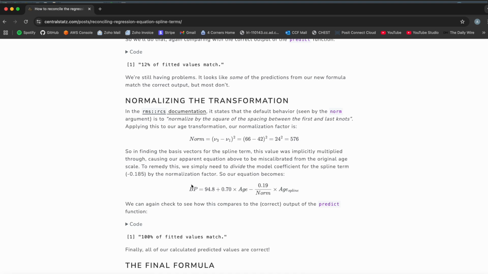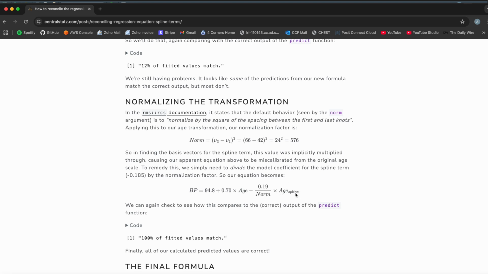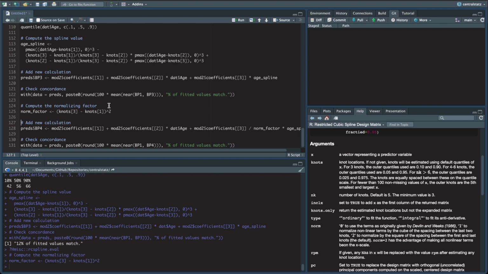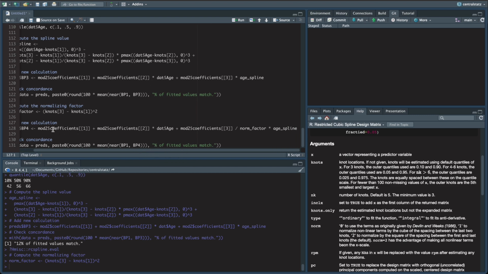All we end up needing to do is then divide the parameter value in our model output that R gives us, divide that by this normalization factor before we multiply it by this spline term. So here we get the normalization factor, and then we end up doing just that.